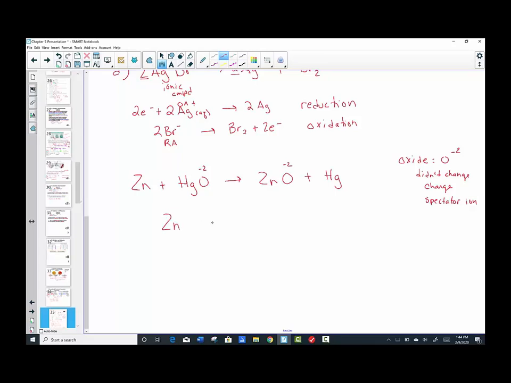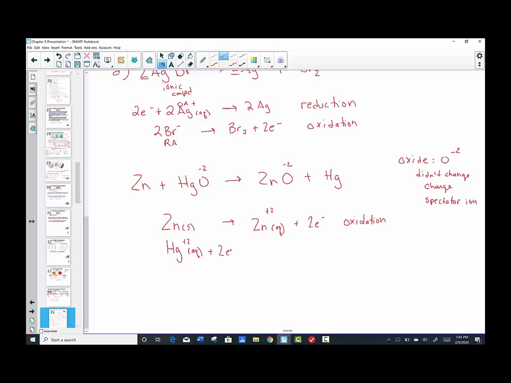The elemental form of zinc as a solid formed the aqueous ion of zinc, which was +2, and to do so had to lose 2 electrons. That's an oxidation process. Now, the mercury started as a +2 charge aqueous ion.